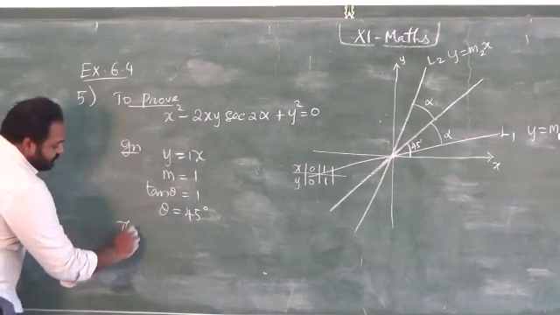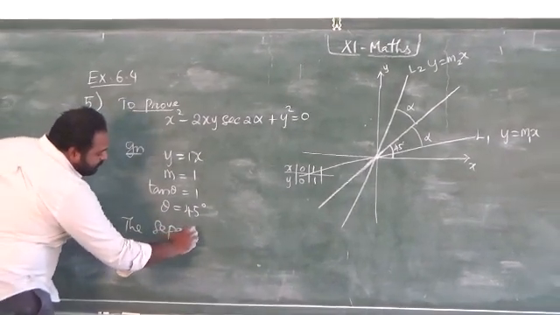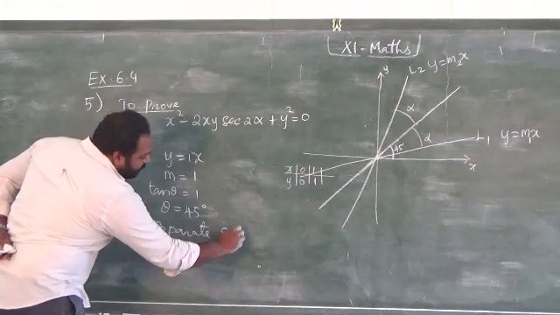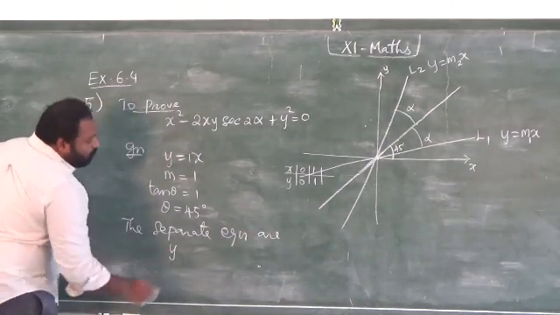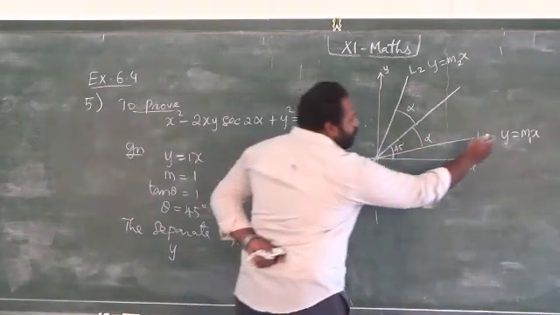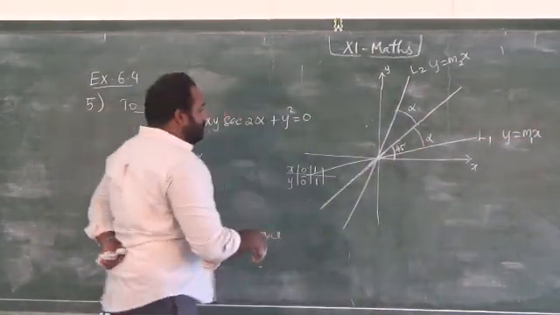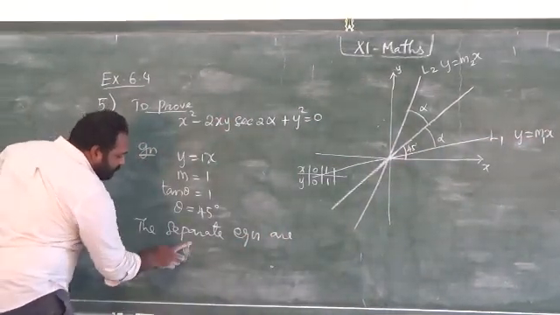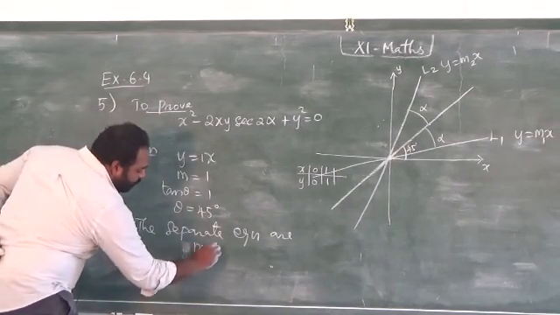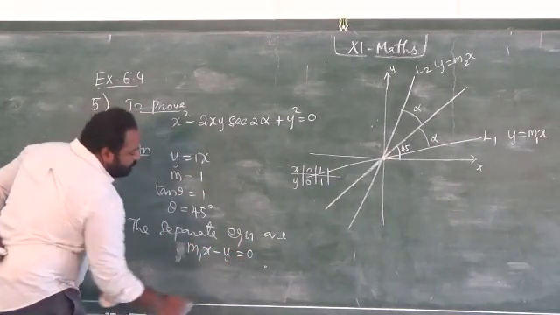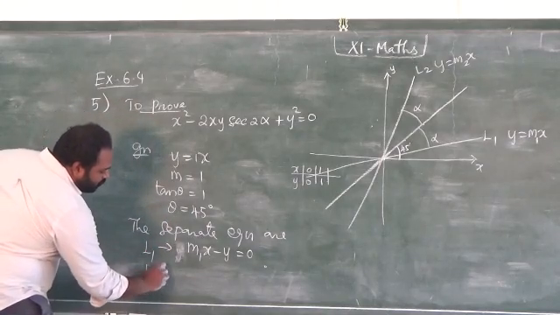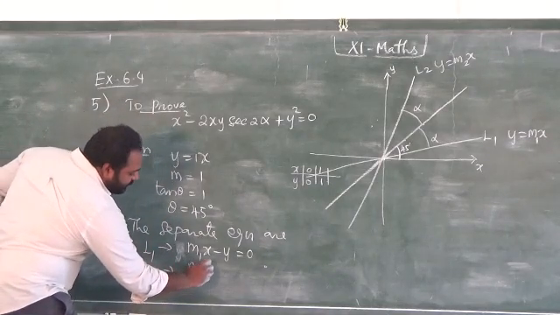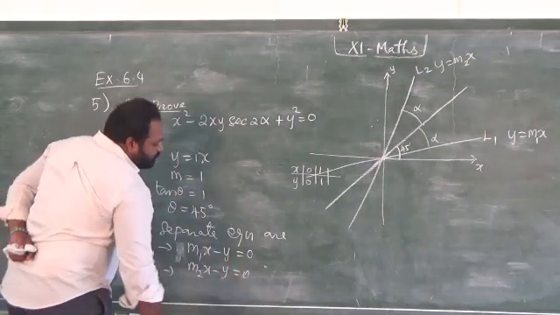The separate equations are, I just bring the y terms or x terms to this side: m1x minus y is equal to 0 from line 1, and from line 2, m2x minus y is equal to 0.